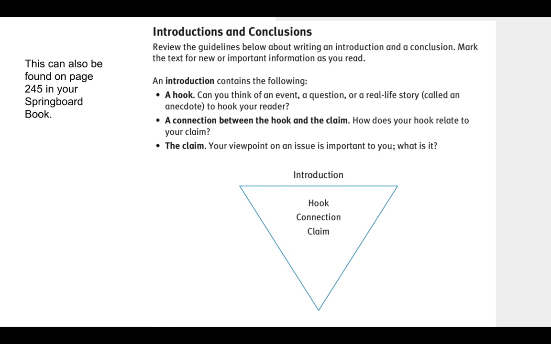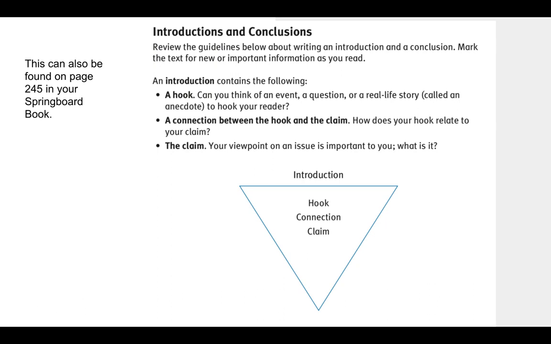Remember, when we write an introduction, we have to have a hook. The hook is our very first sentence. Think of an event or a question or a real life story to hook your reader, to get them to want to read your reasons and evidence and consider what you are trying to convince them of. We talked about all kinds of different hooks.